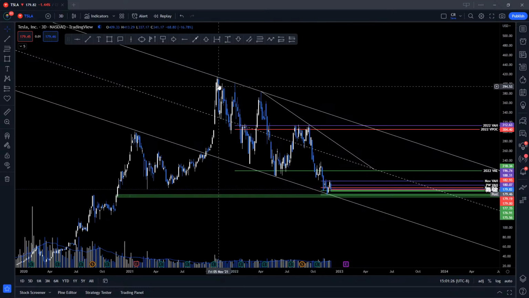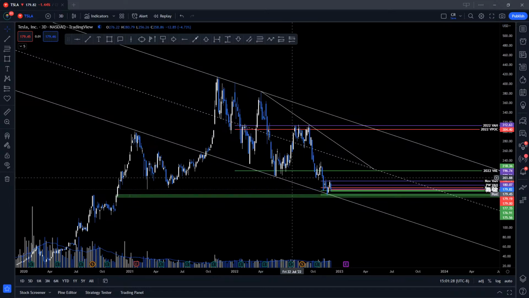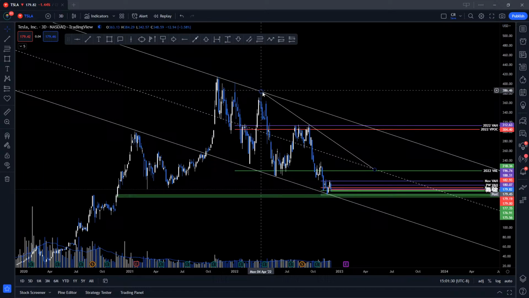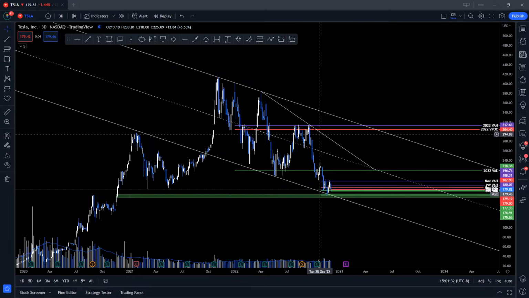This is a good channel with 3 touches to the top side and 2 on the bottom. But we also want to be aware of this trend line here.